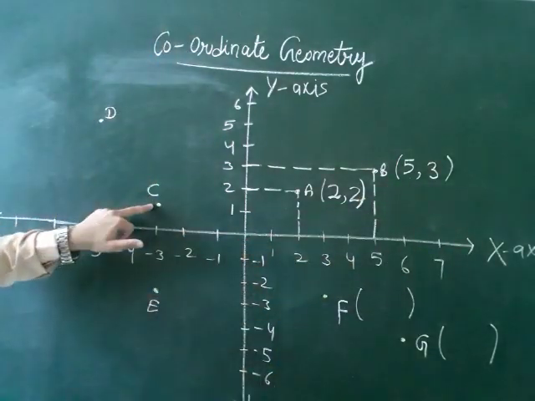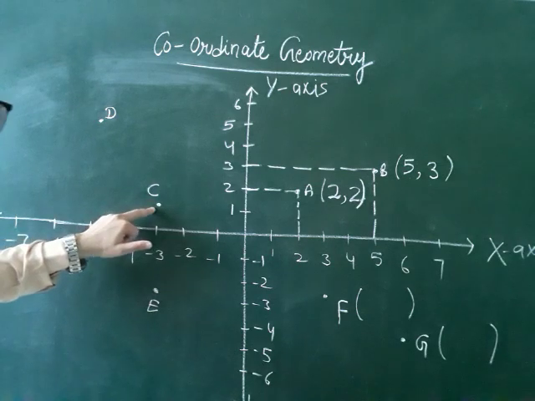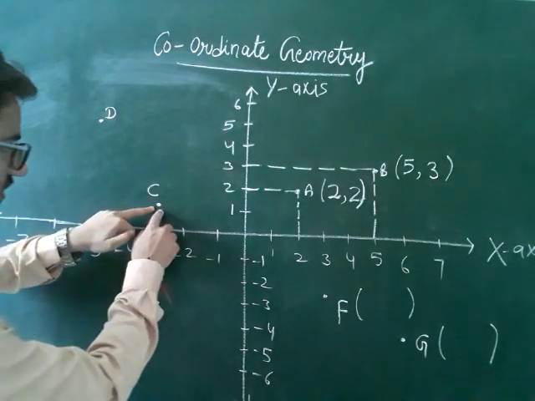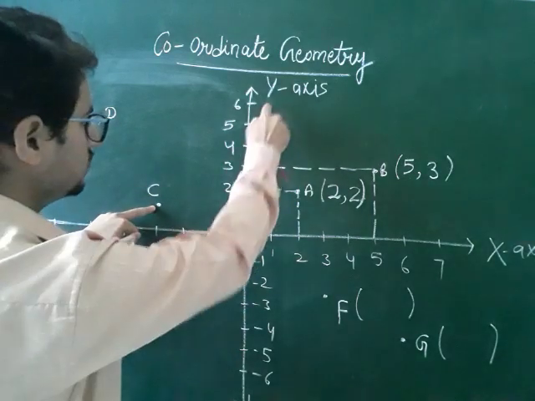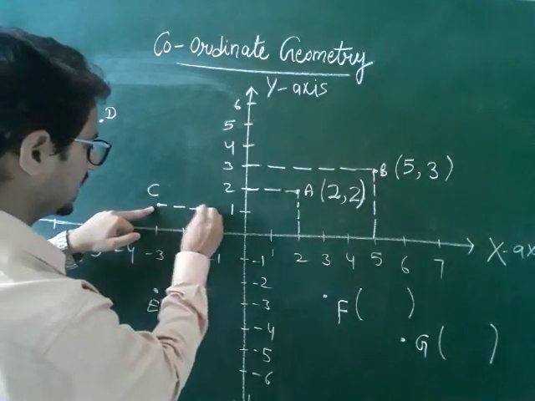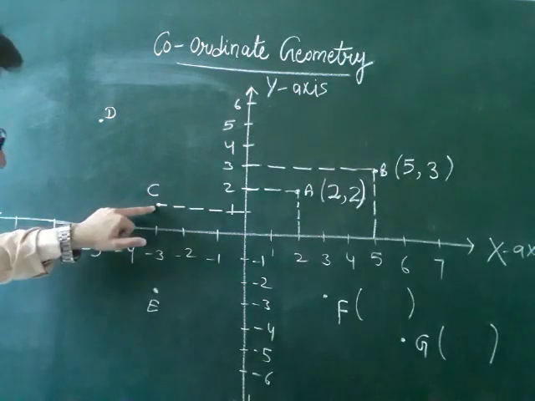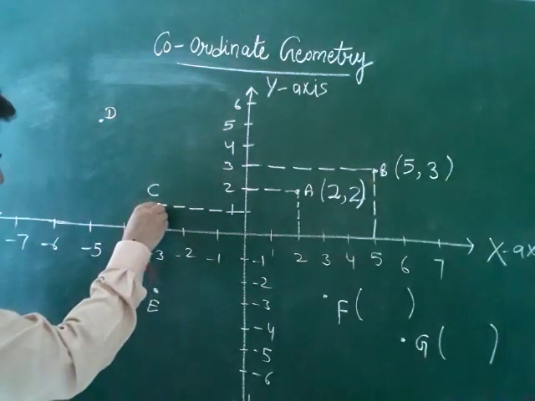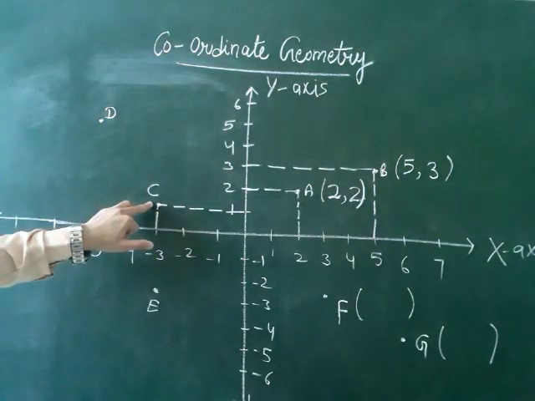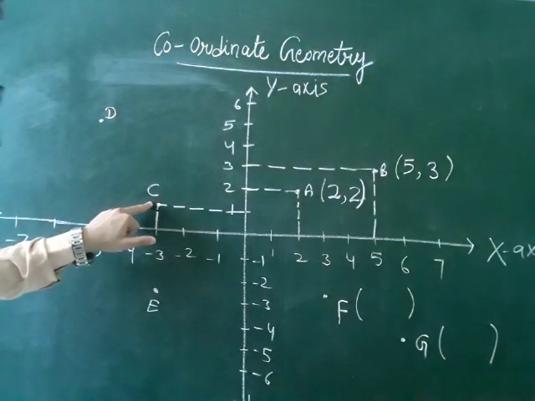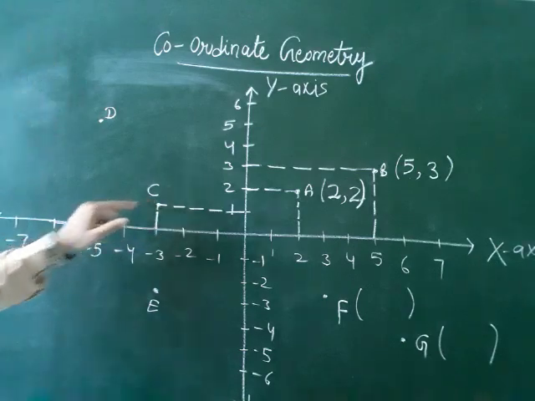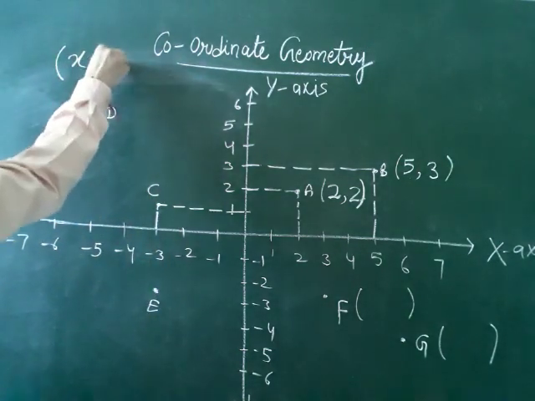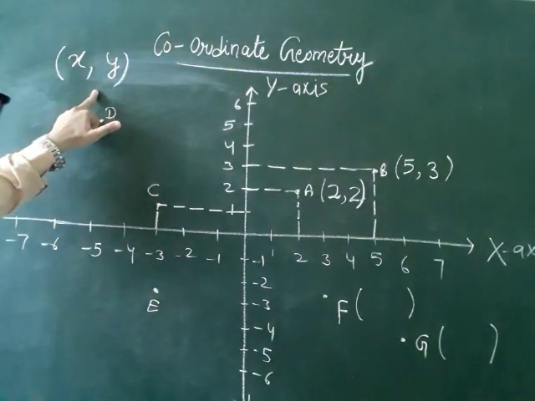Now we have to find coordinate of point C. We will do the same work. From point C, draw a perpendicular on y-axis like this, and from point C, draw a perpendicular on x-axis like this. Due to the property of coordinates, first we used to write the value of x and then we used to write the values of y.